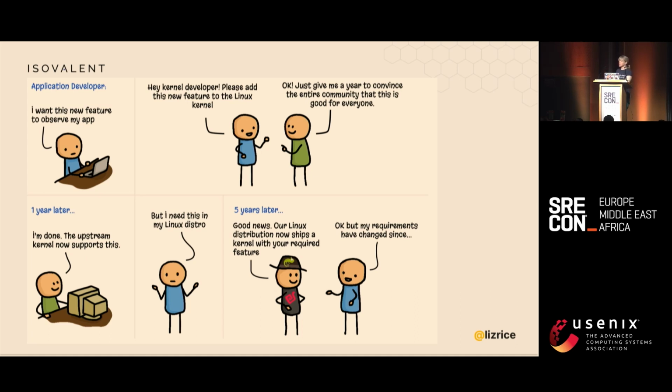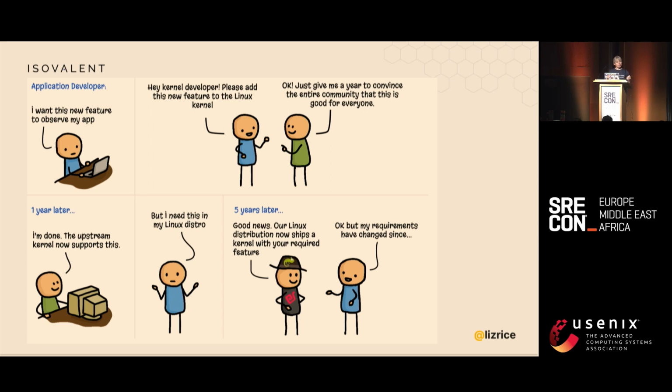Even if you then made the change and got it into the upstream kernel, it takes years between a kernel release being cut and it actually making its way into the Linux distributions that people are using in production. It can easily take 5 years for the kernel version to make it into certain Linux distributions. So if you want to make a change to the kernel, it's a long-term plan.